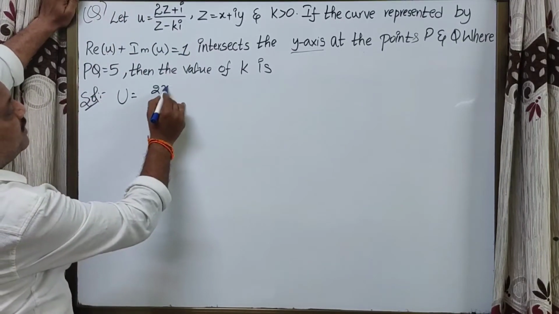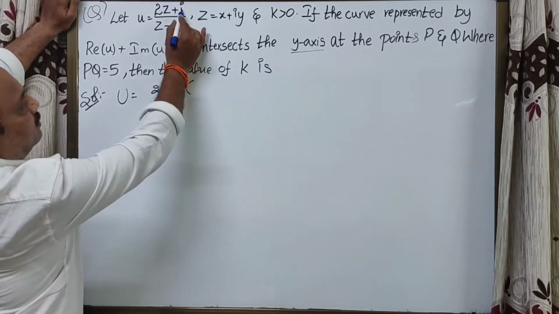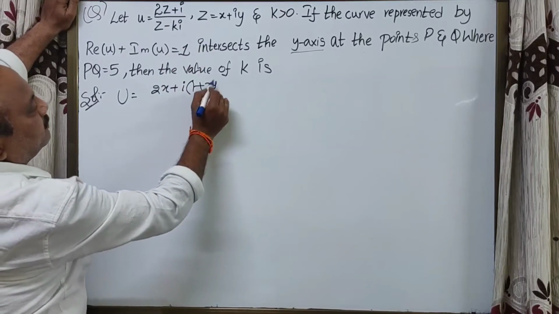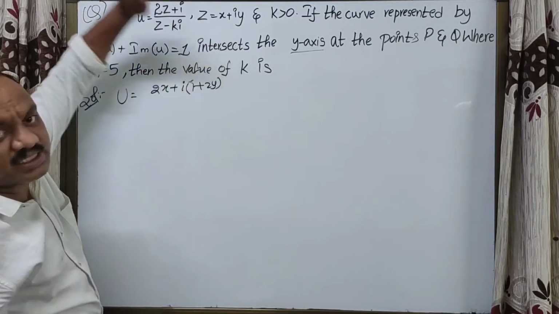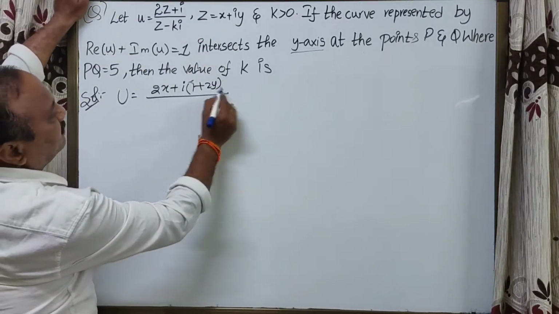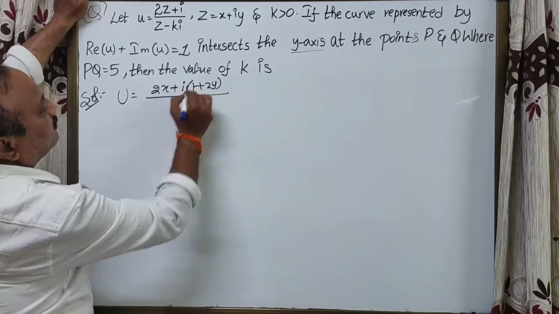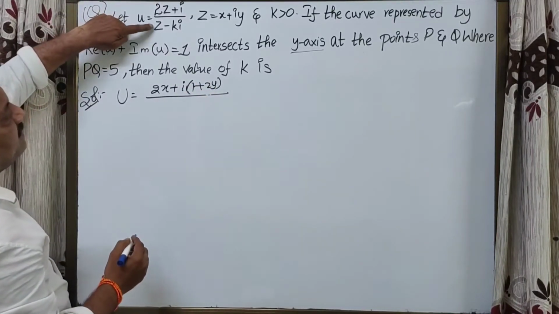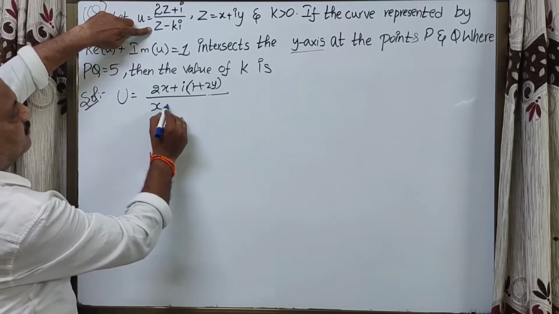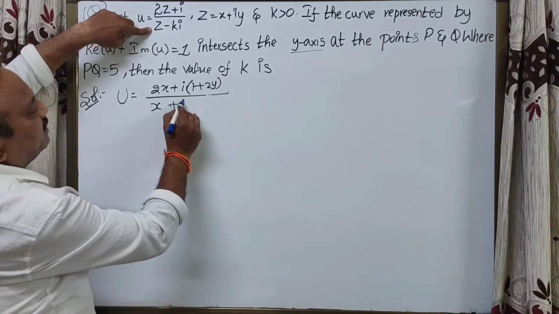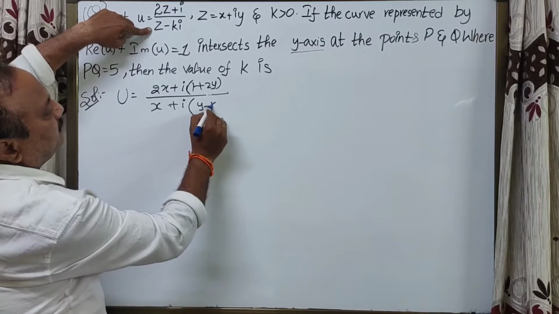So it is 2x plus i into (1 plus 2y), because here we write z as x plus iy. Similarly, in the denominator, when you write z as x plus iy, it becomes x plus i times (y minus k).